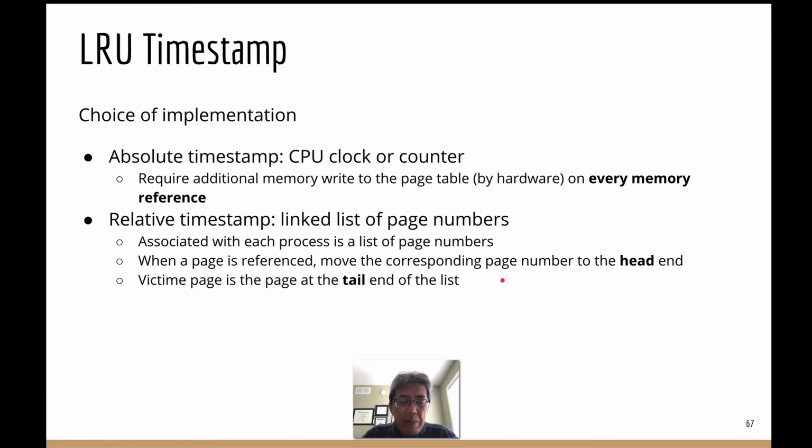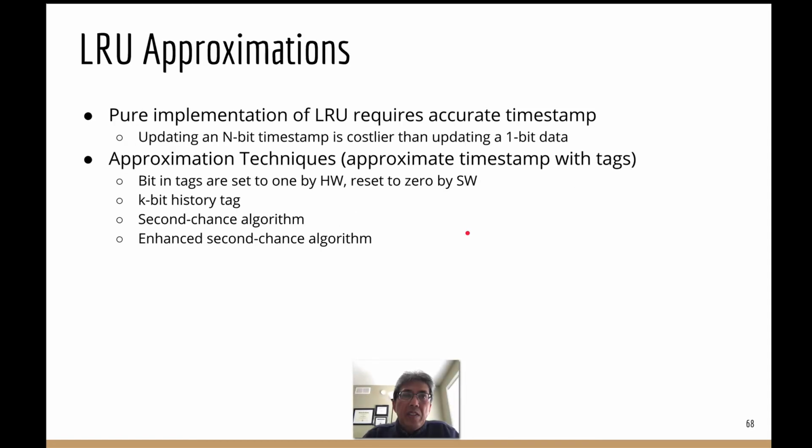Pages which are recently referenced will stay at the beginning of the list, and pages which are least referenced will stay at the end of the list. So at page fault time, the victim page will be the one at the end of the list. Using a relative timestamp requires updating a linked list by moving elements around inside it.